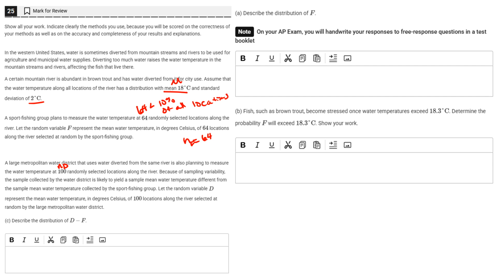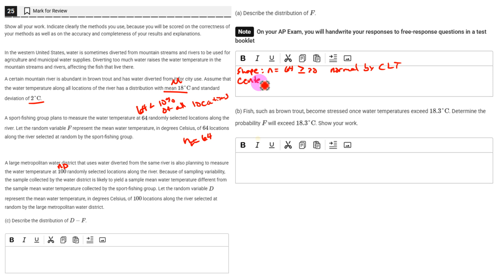Okay. Because N is equal to 64, which is greater than or equal to 30, the shape is normal by the central limit theorem.